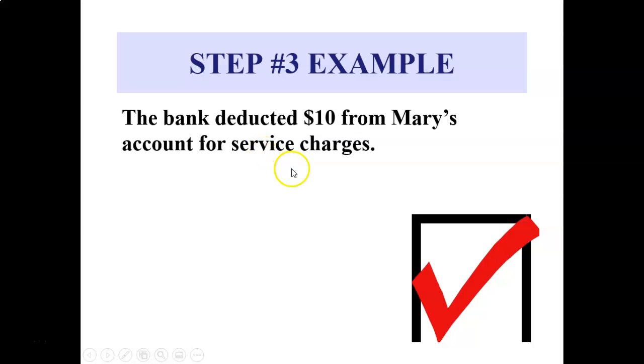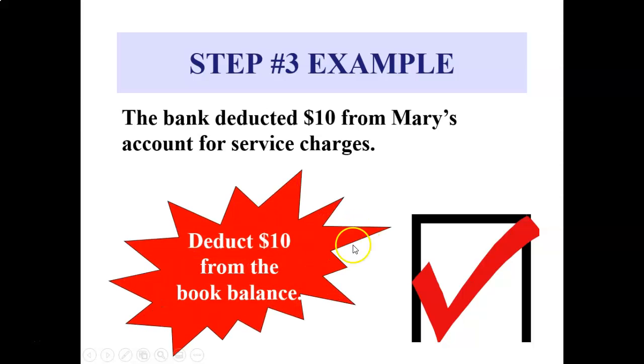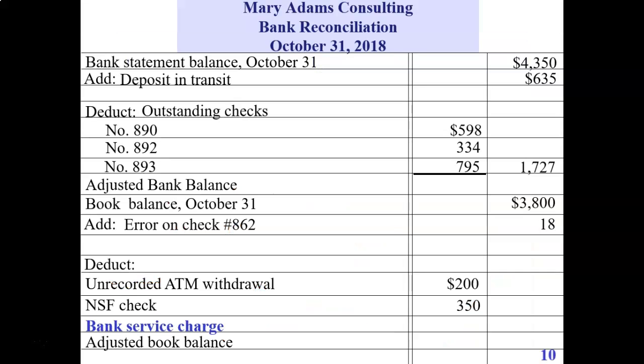Maybe it'll be $8 next month. Whatever. It changes from month to month, depends on the activity. And so Mary has not put it in her books yet. So we need to put it in the book balance, and it was a service charge subtracted, so we need to subtract it. So it's in the book side, under deduct, bank service charge, $10.